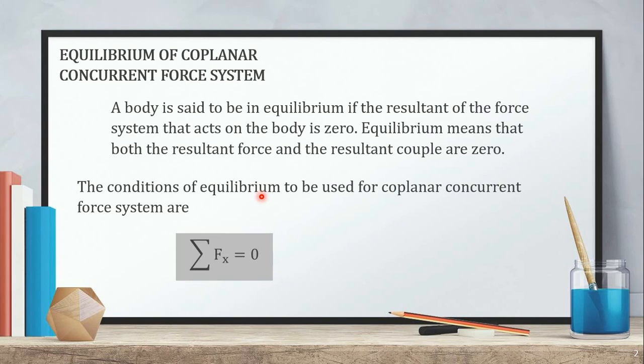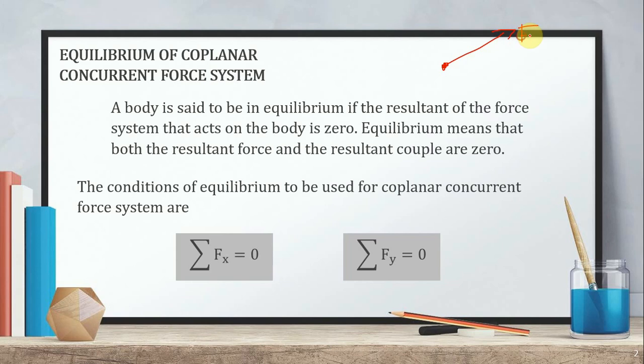That's the first condition of equilibrium na pwede natin gamitin. Ang second is summation of fy, or summation of vertical forces is equal to 0. And these are the only two equilibrium conditions na pwede natin gamitin pag sinabi natin coplanar concurrent force system.